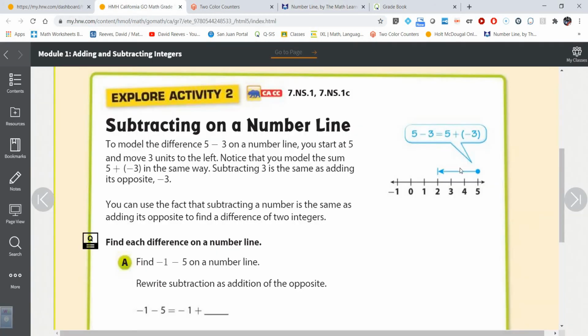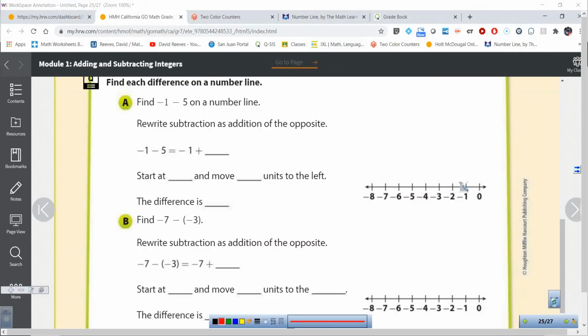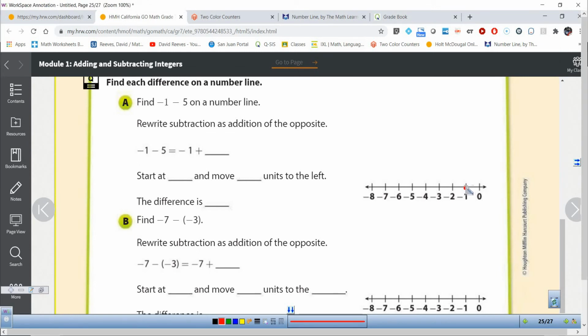So if we go back to the textbook, they have 5 take away 3. They are going to the left because they subtracted a positive. So if I have the problem here and I want to do negative 1 minus 5, here's negative 1, and I'm subtracting a positive.